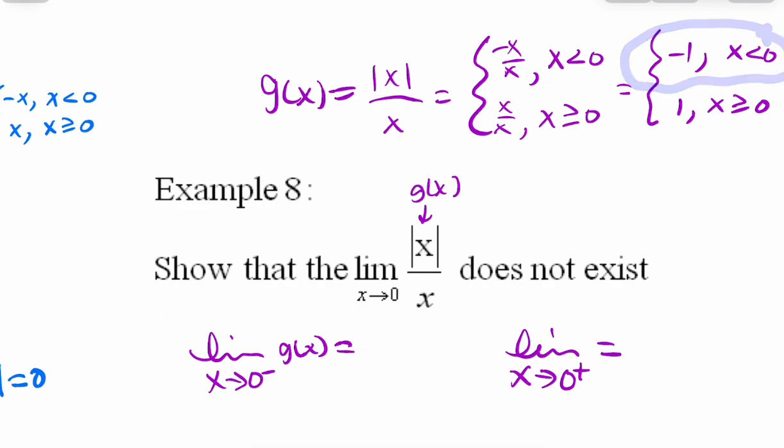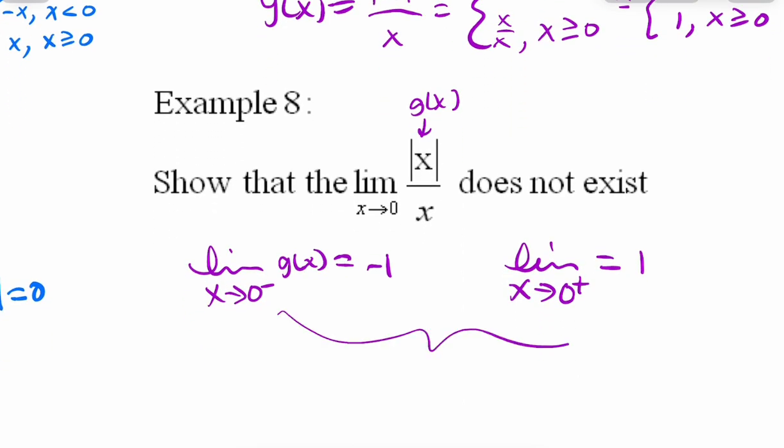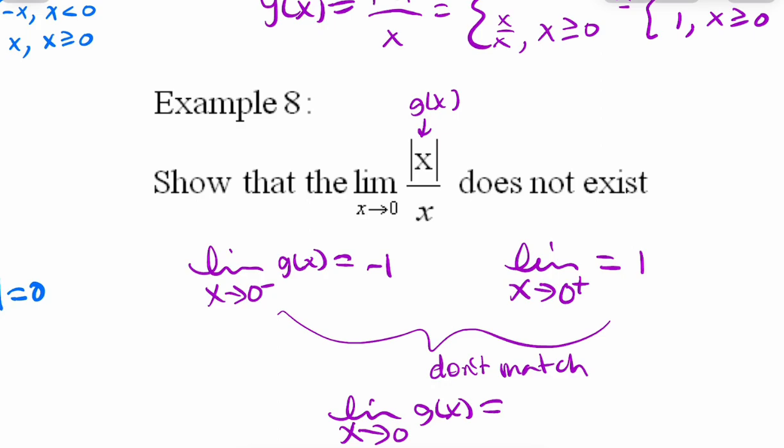Negative 1. If we approach 0 from the right, what height are we coming from? 1. Do they match? No, they don't match. So the limit as x approaches 0 does not exist, because we're coming in from different directions.